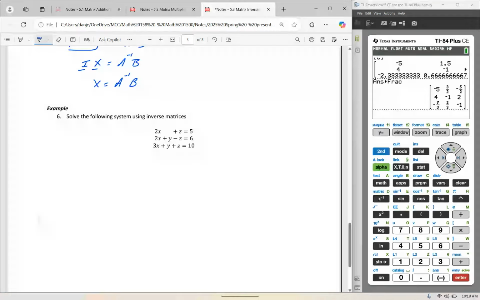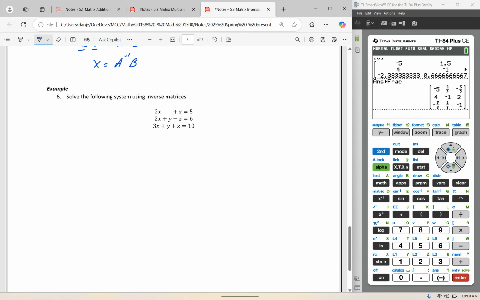And I've just got here example 6, a fairly simple system. What we've done in the past, we've done the reduced echelon form. We've set this up as the augmented matrix 2, 0, 1, 5, 2, 1, negative 1, 6, 3, 1, 1, 10. And again, we've put it in matrix A, reduced echelon form, which is still an option. Simply presenting you another option.